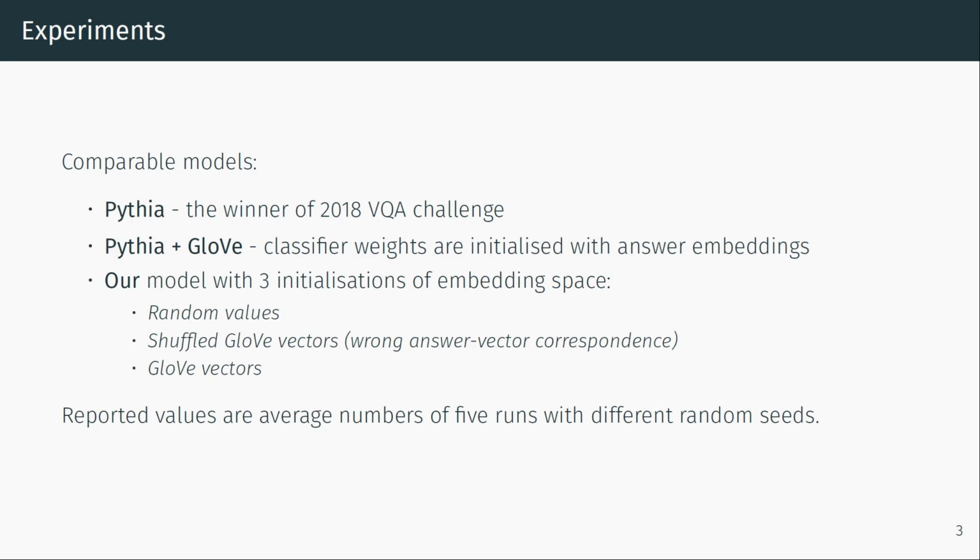We used random numbers, shuffled GloVe vectors, where we randomly shuffle the rows of matrix M, and the normal GloVe vectors. These ablations allow us to find the real source of improvements, whether it's just a new architecture or suitable values of GloVe vectors, or actually the exact information carried by GloVe embeddings.